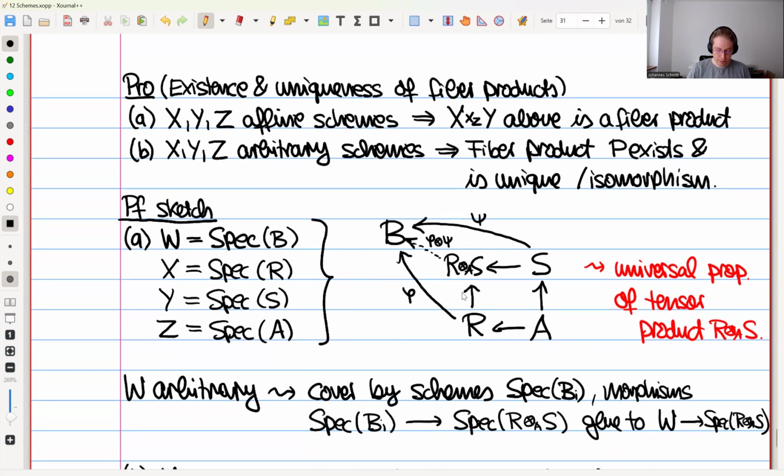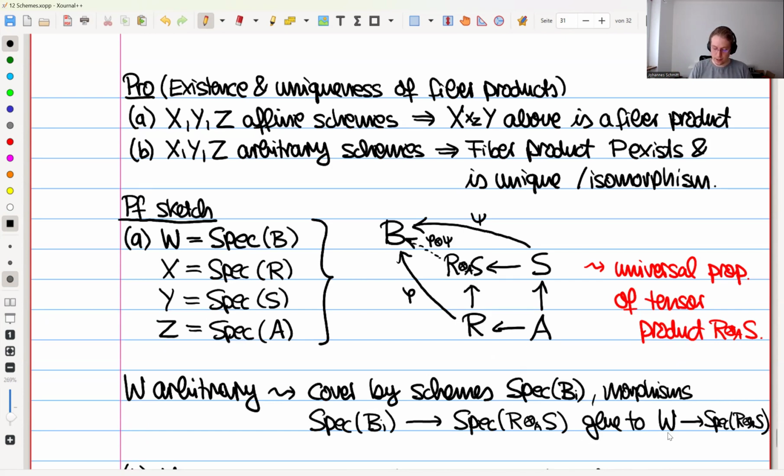And then if W is an arbitrary scheme, what you do is you cover it by spectra spec B_i. By the already proven case, you get morphisms from the spec B_i to spec R tensor_A S, and because of this uniqueness property, all of them must glue on their overlaps.